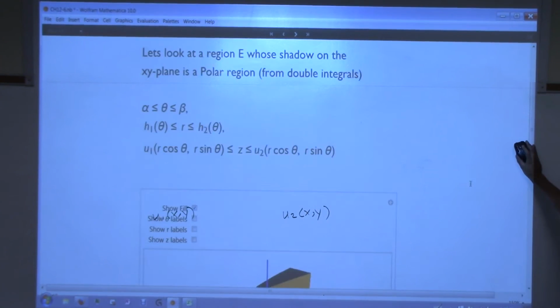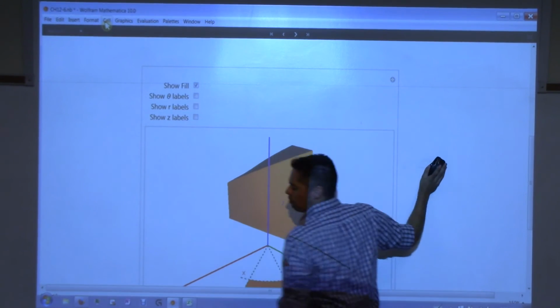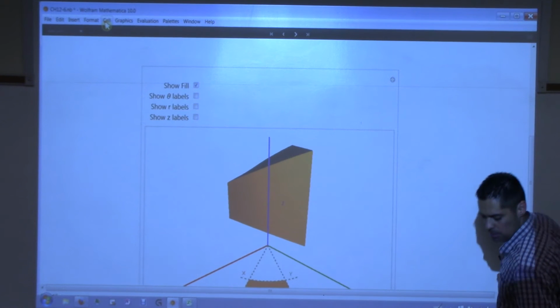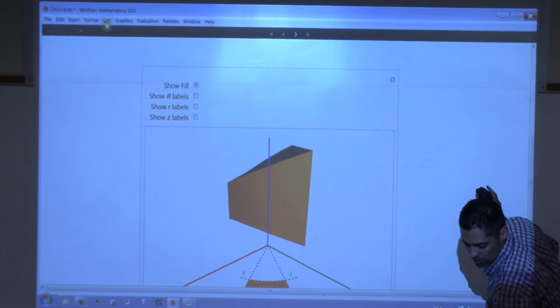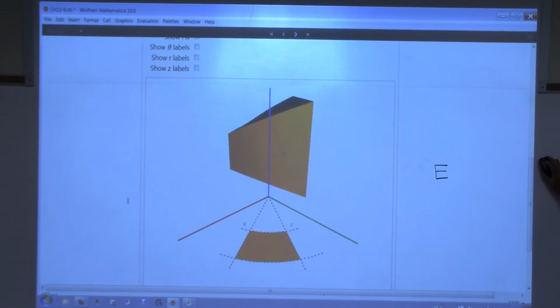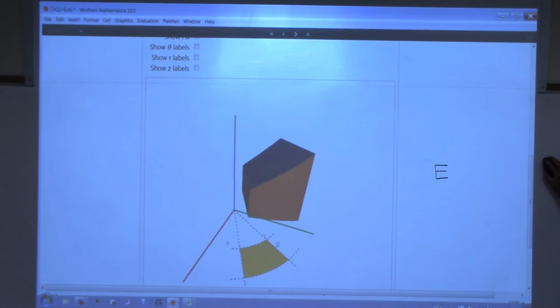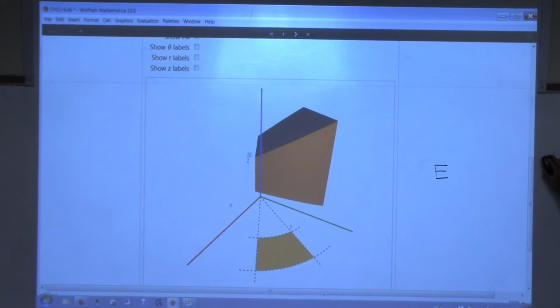So here's an example of a region E. Okay, this is what a region E would look like in cylindrical coordinates. See how the shadow of it is a polar region? That's basically what tells you you need to be in cylindrical coordinates.